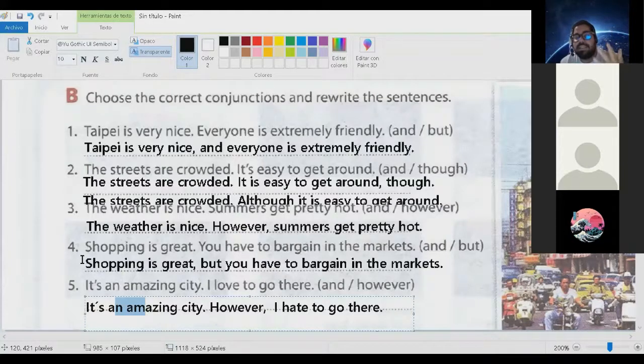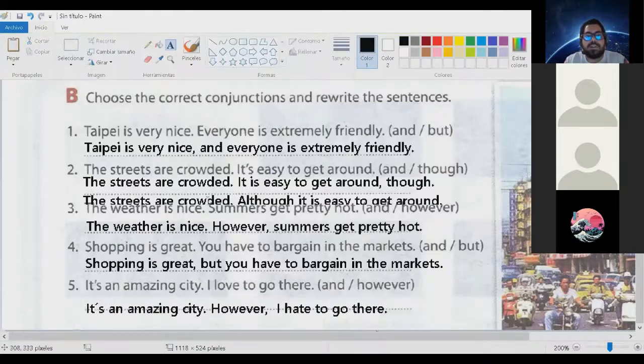Aunque o but, hay que regatear. For example, in here, the streets are crowded, although it is easy to get around. Aquí empezamos con algo negativo. The streets are crowded, with a lot of people, although, aunque, es fácil de movilizarse. Es con un contraste. Let's move on, guys. I think you got the idea.